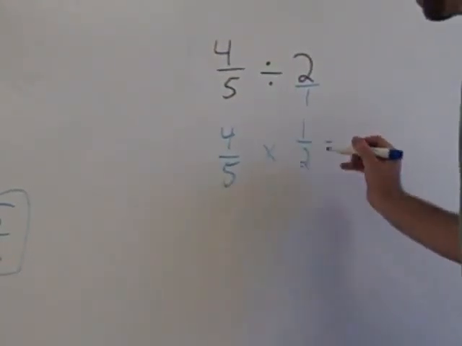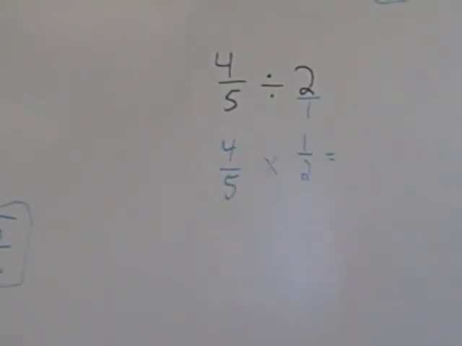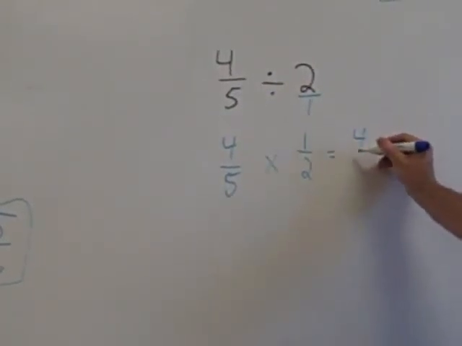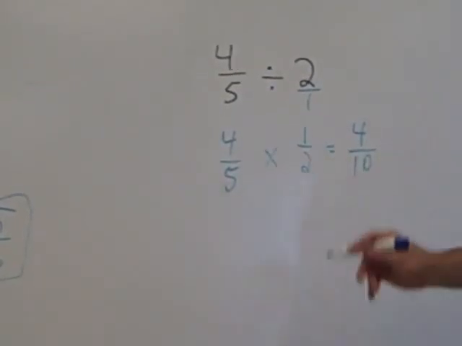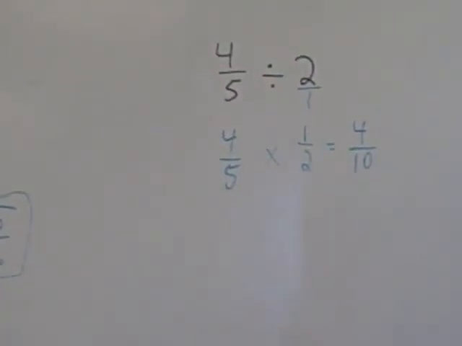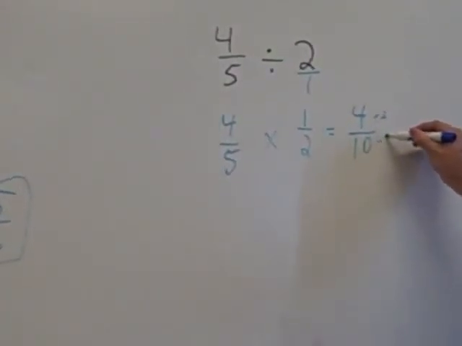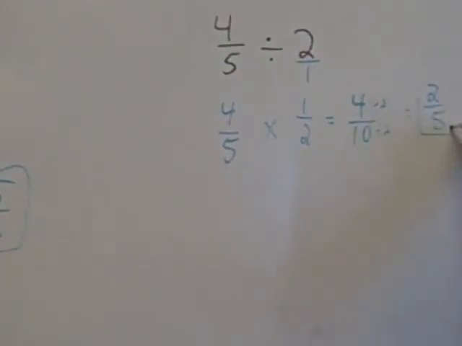And from here, what do you want to do? You want to just multiply because they're already pretty small. So 4 times 1 is 4, and 5 times 2 is 10. Simplified? What do you want to do? Divide by 2, and I get 2/5.